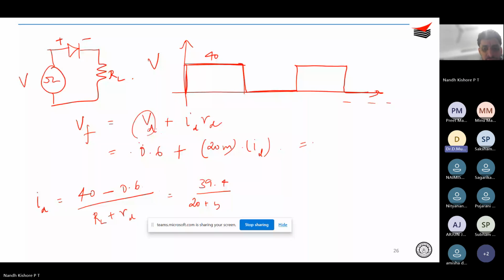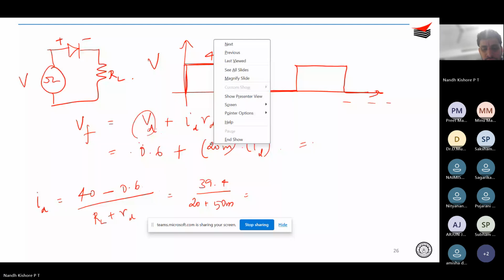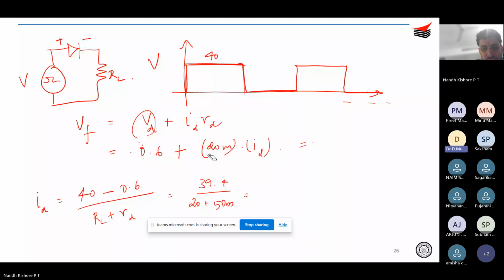Okay, so it's 50 milliohms. Yeah, so you can calculate what is this ID. ID is going to be 39.4 divided by 20 plus 0.05. So it's around 2 amperes. That is 1.965 amperes. Okay.